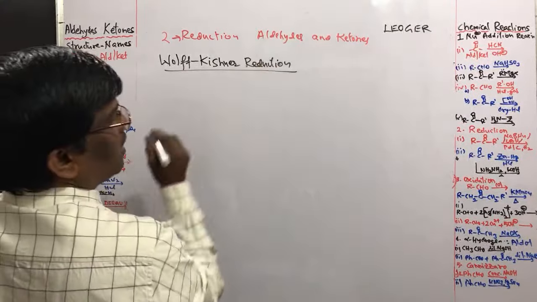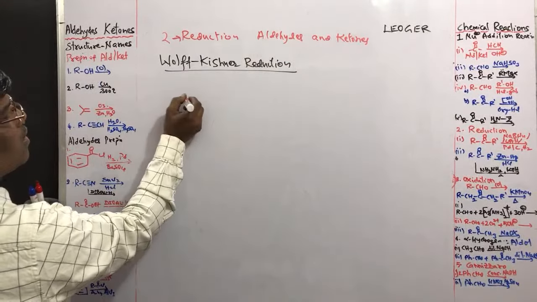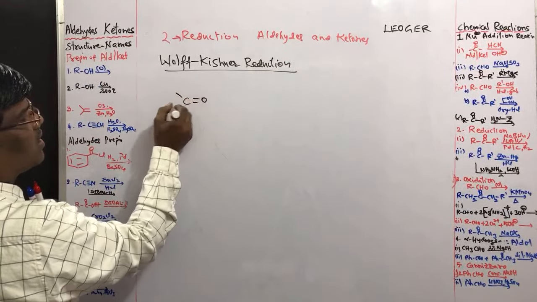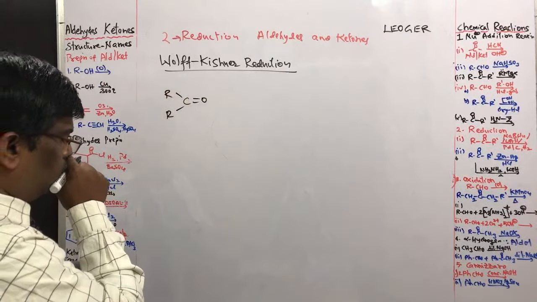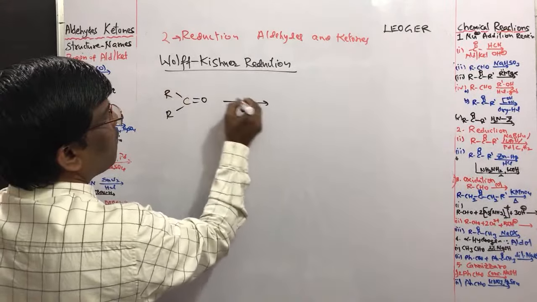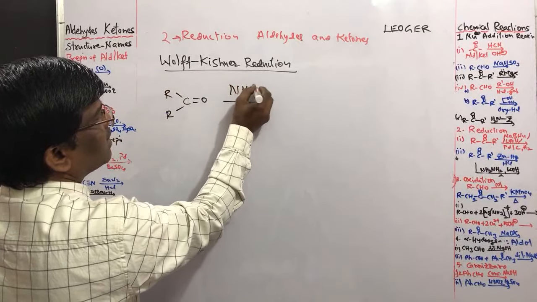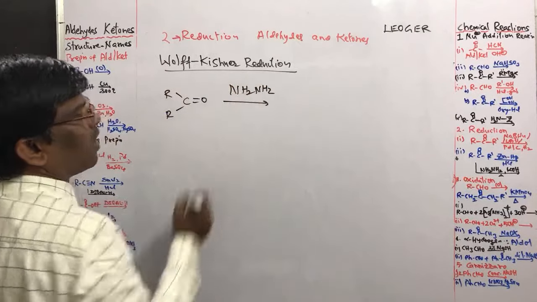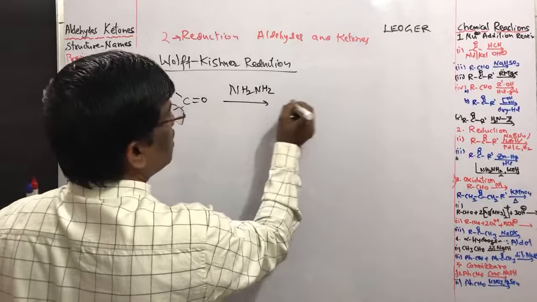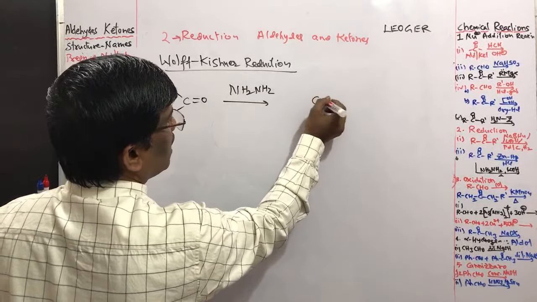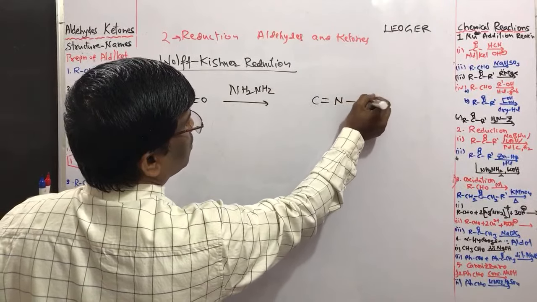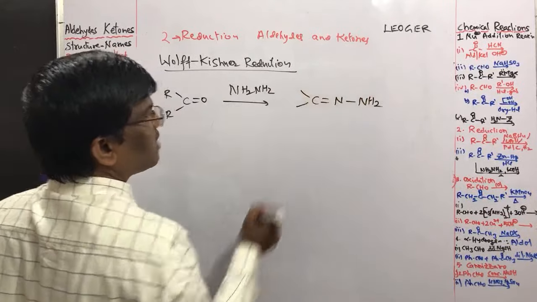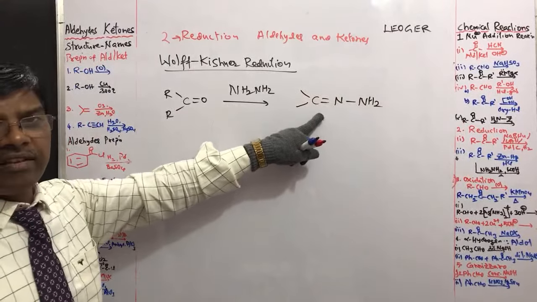So Wolff-Kishner reduction: whether it is an aldehyde or ketone, in presence of hydrazine hydrate, what am I going to get? When I treat a ketone or aldehyde with hydrazine, I am going to get a hydrazone. This hydrazone can be isolated.